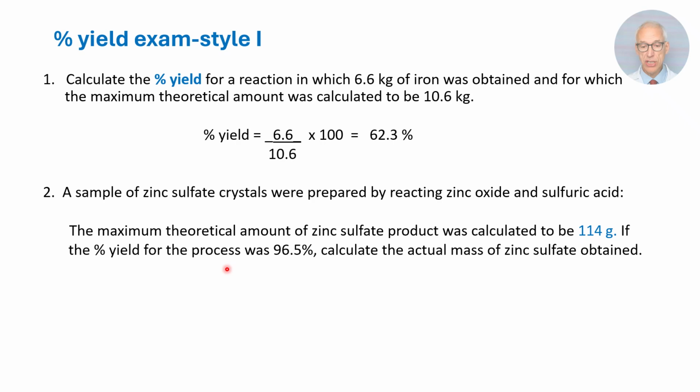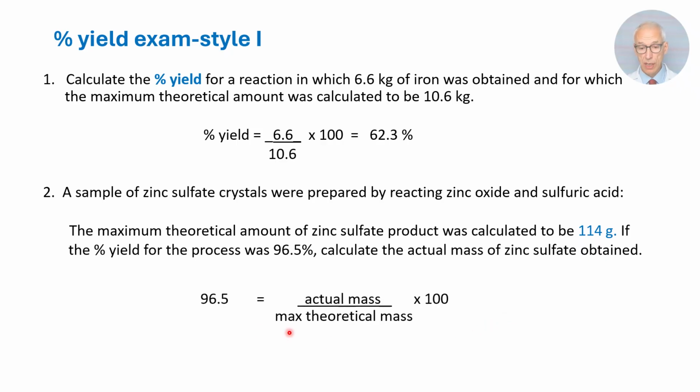If the percentage yield for the process was 96.5, calculate the actual mass, the yield of zinc sulfate obtained. Pause, see if you can solve that problem, come up with the actual mass of zinc sulfate crystals formed. Restart when you have your answer.